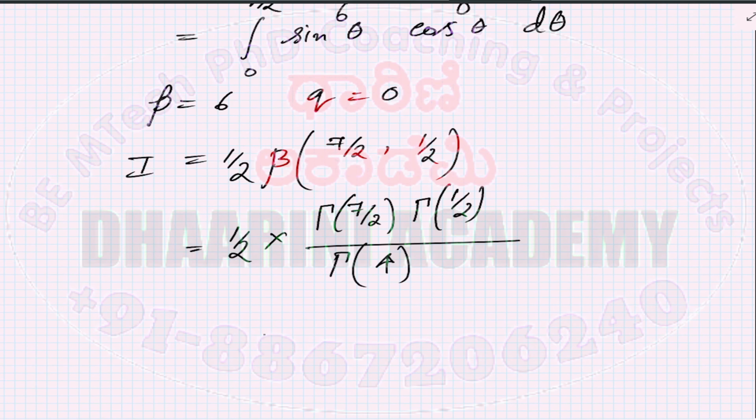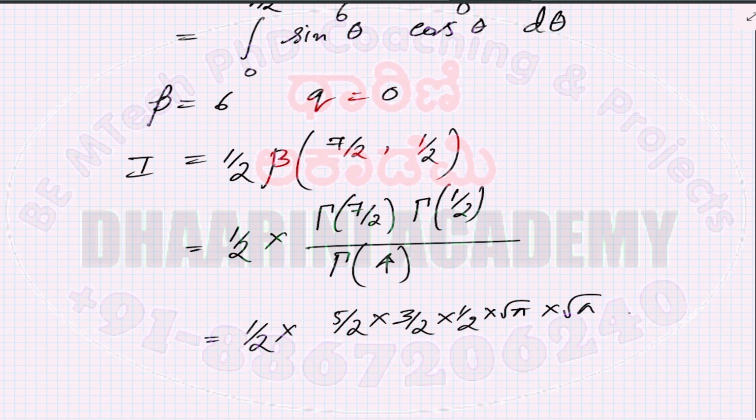Alright, so this becomes pretty simple now, because gamma 7 by 2 is 5 by 2 into 3 by 2 into 1 by 2 into root pi, and gamma half is once again root pi, whole divided by gamma 4. Gamma 4 means 3 factorial.